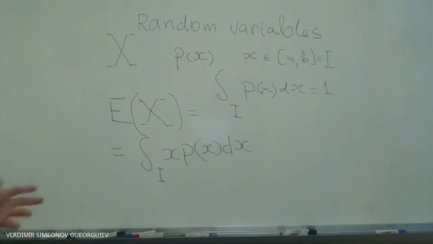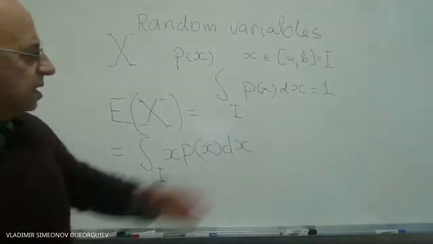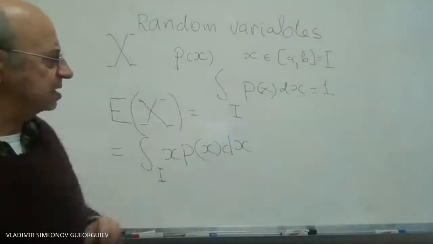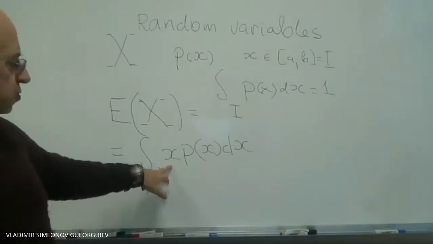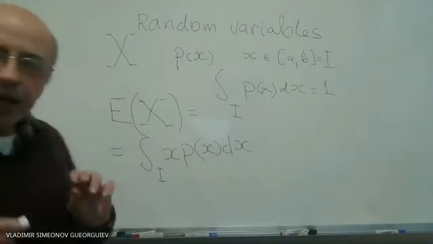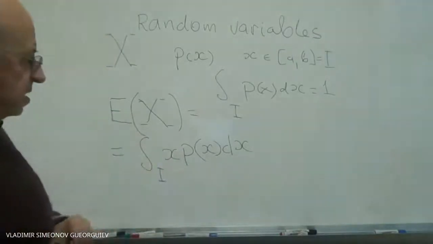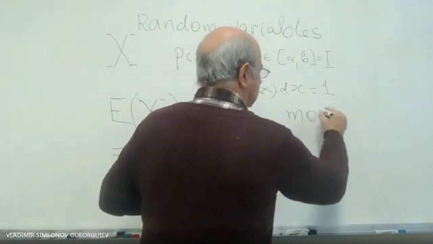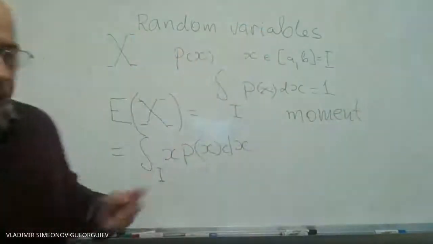And a typical exercise is, given a kind of probability density, to compute exactly the probability density, and then to compute this moment. When I'm speaking about moments, let me recall what the moment is.